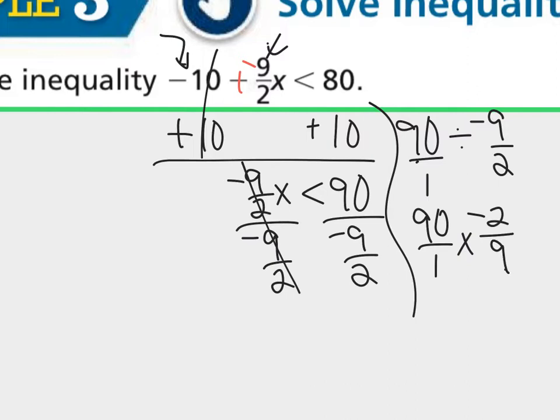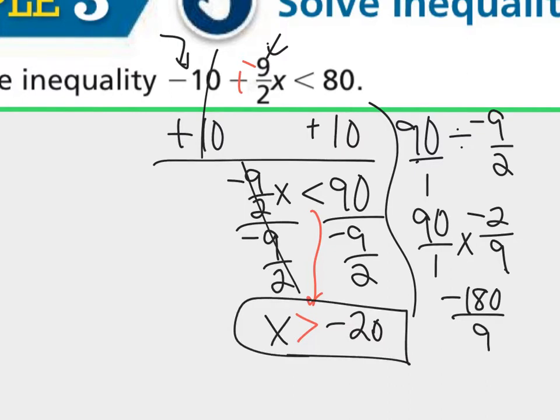Good. When you multiply, so we get negative 180 over 9, and then you divide that out, and you get negative 20. One thing is here, we just divided by a negative, so that's going to switch that sign around. It's going to switch to greater than. So that's why it comes out as x is greater than negative 20.